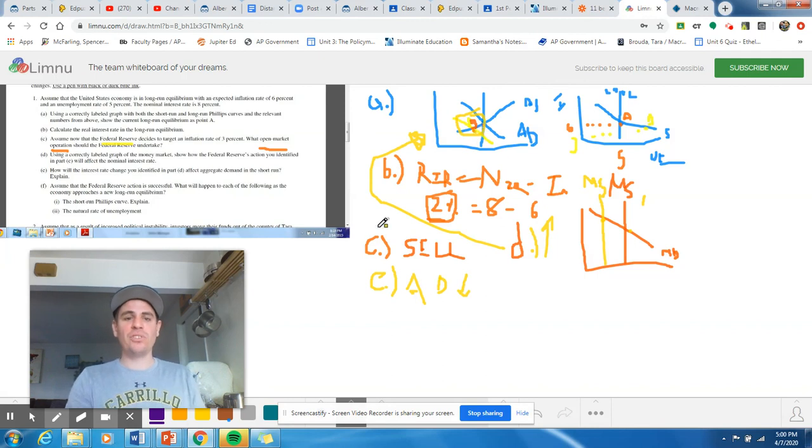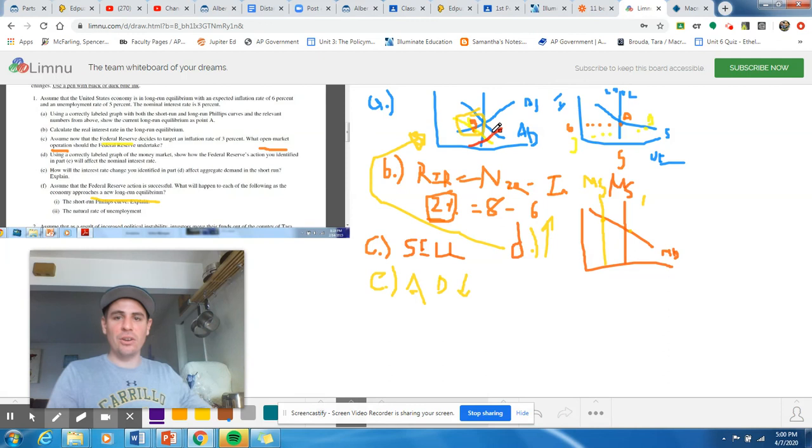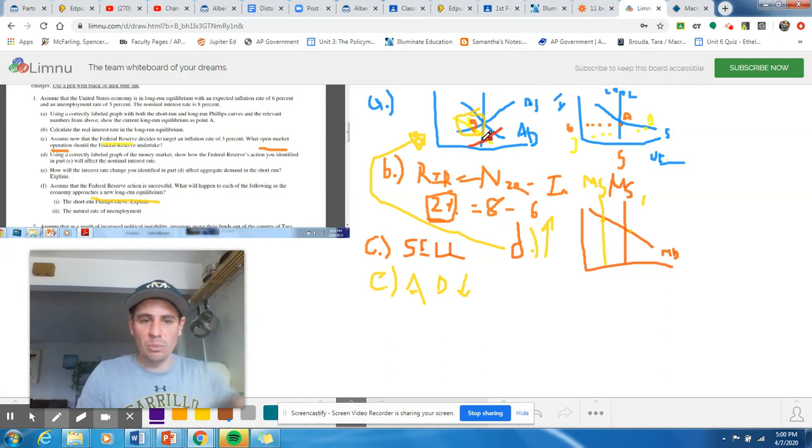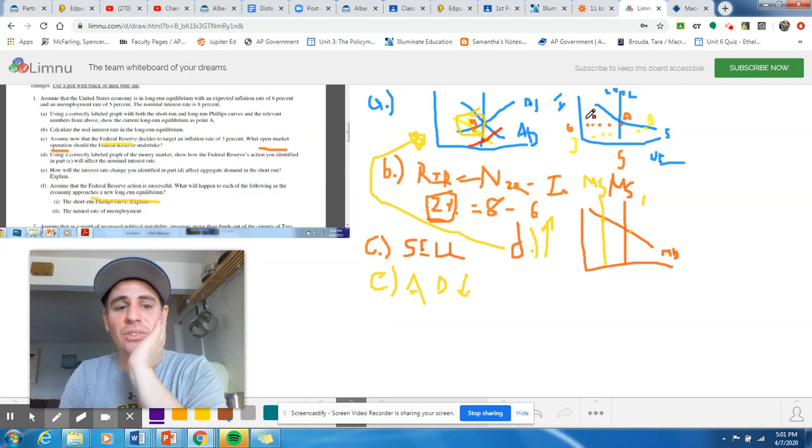So if I'm in a recession, in the long run, aggregate supply is going to shift to the right. How does that relate to the Phillips curve? If aggregate supply shifts to the right, the short-run Phillips curve shifts to the left. So I would draw a new short-run Phillips curve.